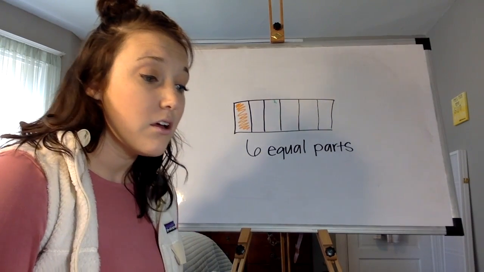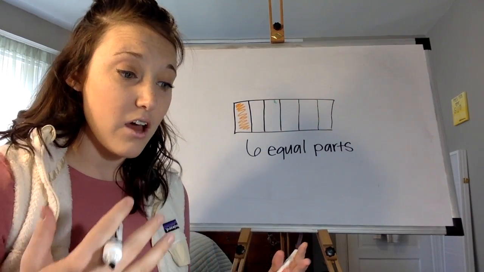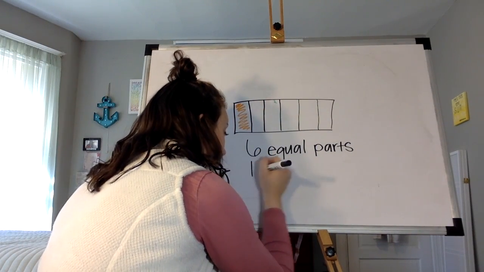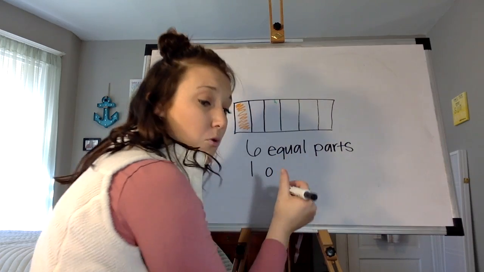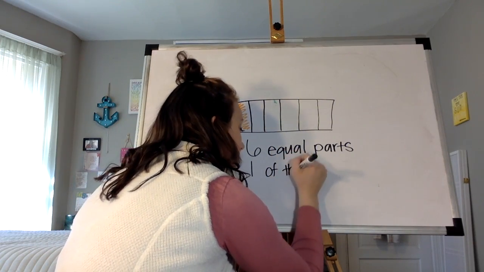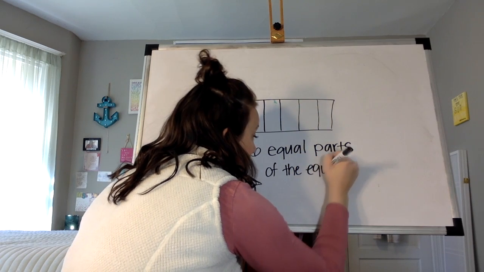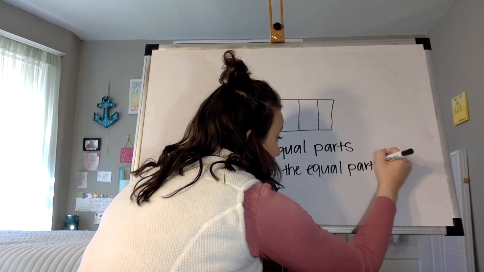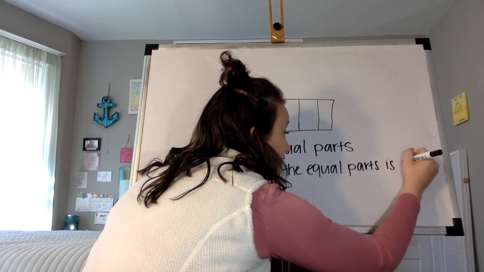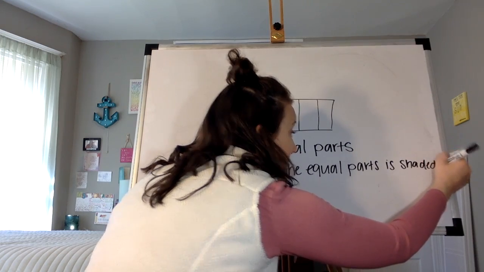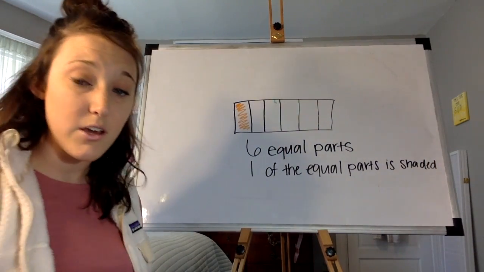And then the blank of the equal part is shaded. One of the equal parts is shaded. Okay, so one of the equal parts is shaded.